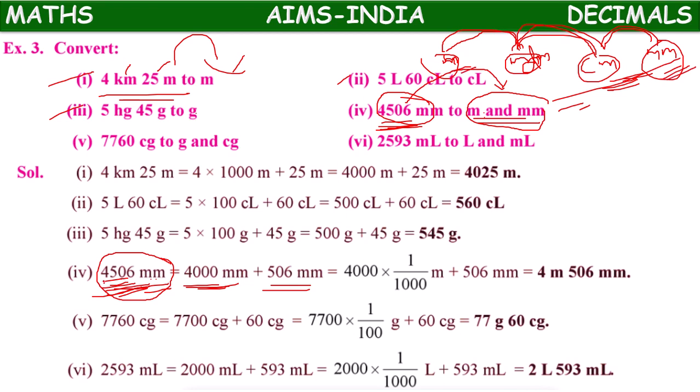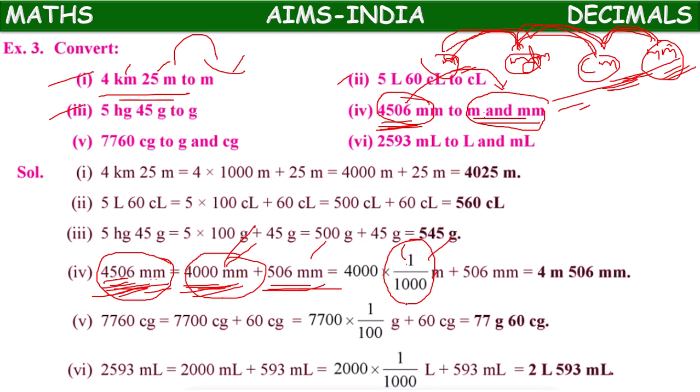Before that, what will we do? 4506 we will separate into 4000 millimeters plus 506 millimeters. This 4000 millimeter we have changed into meter by multiplying by 1 by 1000, because we have to shift three places towards higher value.